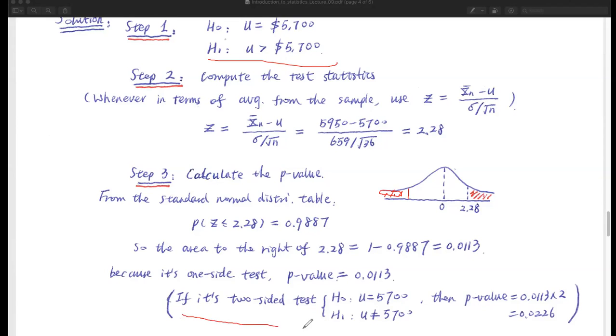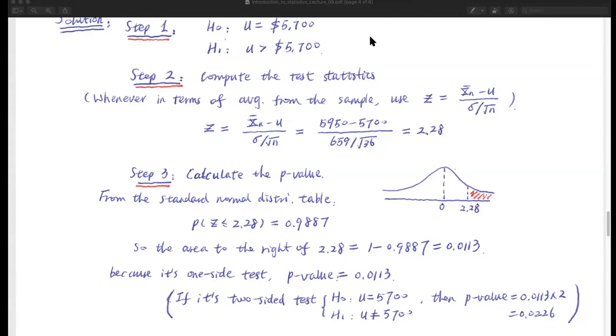If it's a two-sided test, everybody, the p-value has to be multiplied by 2. Follow me? The p-value calculation depends on H1, on the hypothesis testing: is it one side, to the left, to the right, or not equal? That's very, very important. Pay attention to those keywords, okay? All right, so that's how we find the p-value.